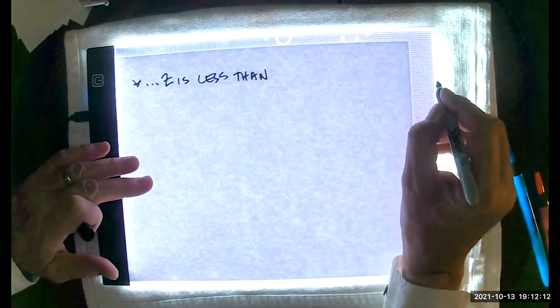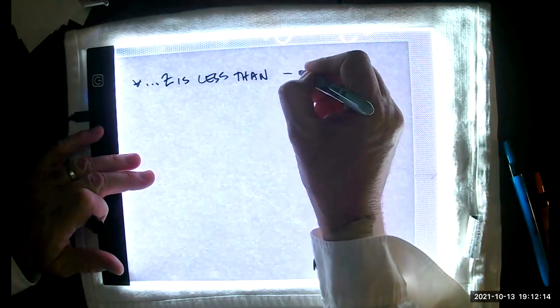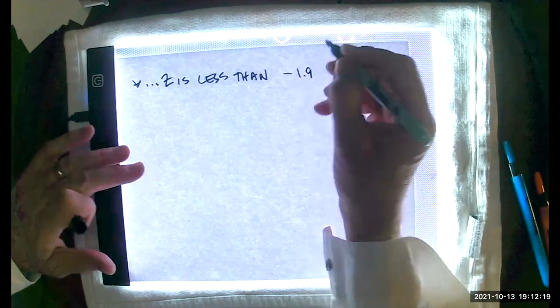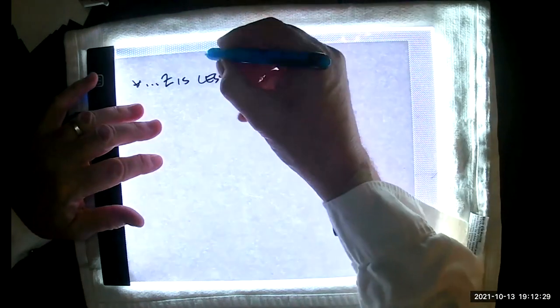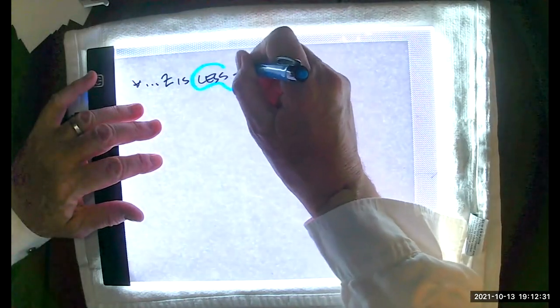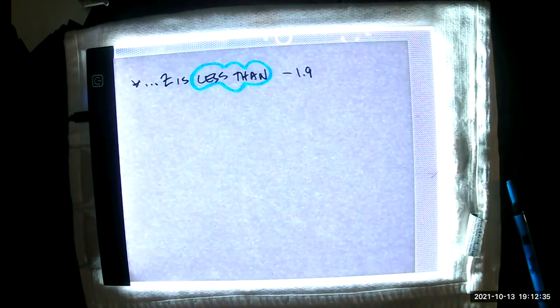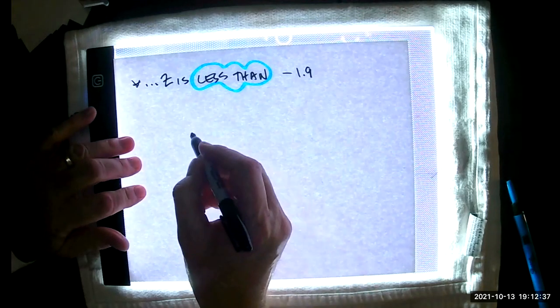So z is less than, and let's make it a negative 1.9. So less than a negative 1.9. So in some sense, we've got that same issue here, but this time it sort of points off, if you will, to the negative side.